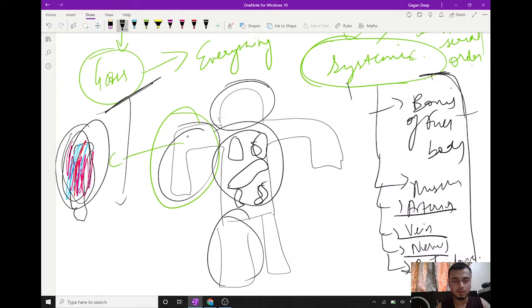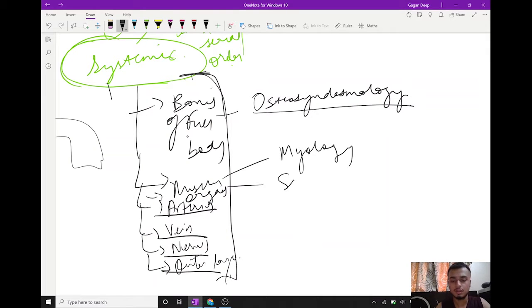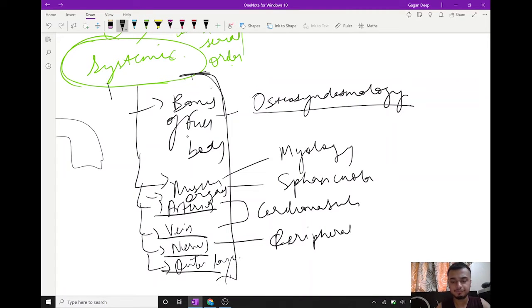So we are going to study organs inside thorax and abdomen, and likewise we are also going to study organs over here after we study the muscles. So now it's osteosyndesmology, muscles it's myology, organs splanchnology, artery and veins cardiovascular, then nerves we're going to study the peripheral nervous system in this.